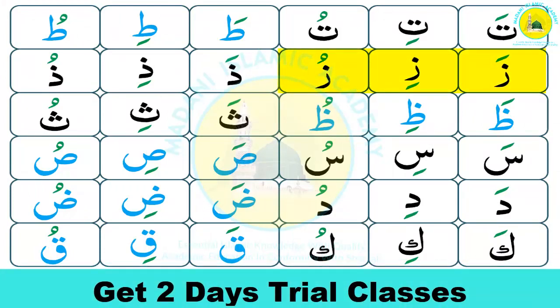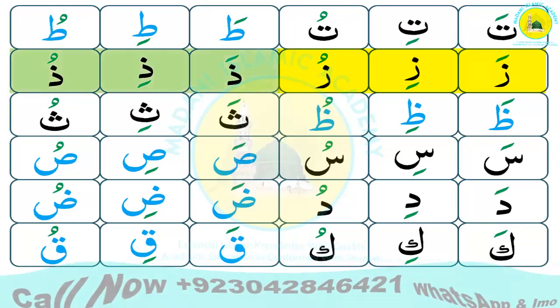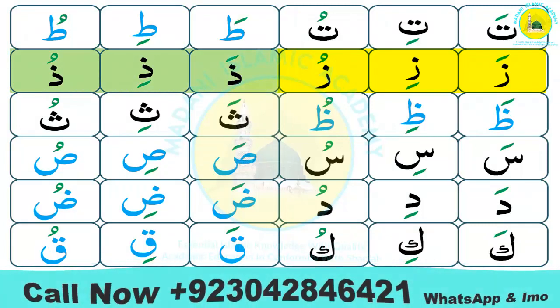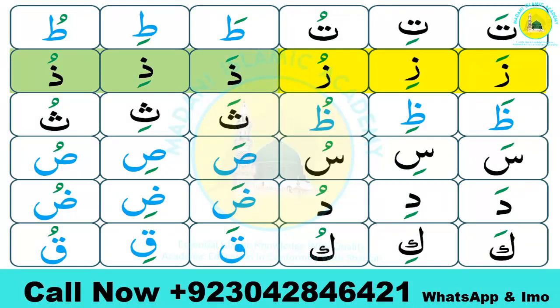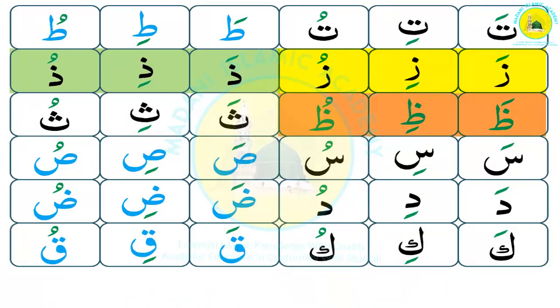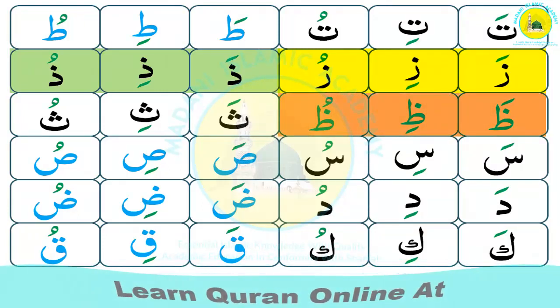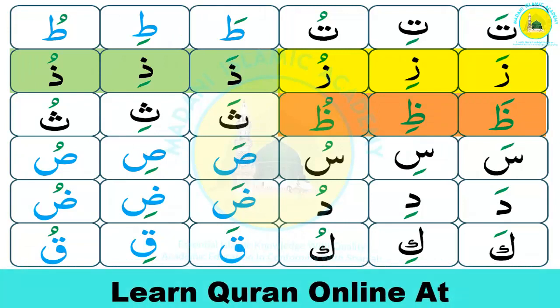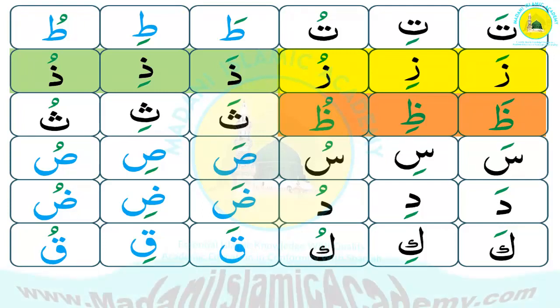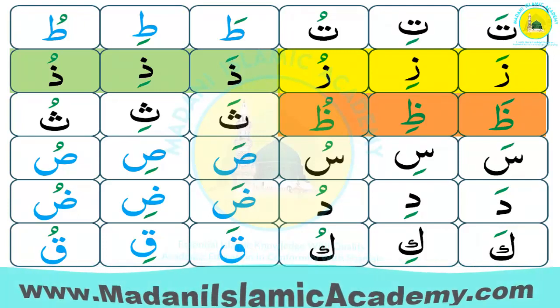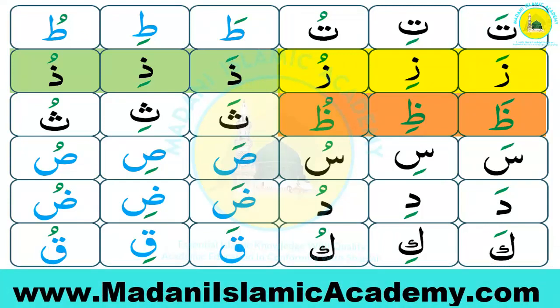Za, zi, zu, va, vi, zu, zo, zi, zu. Now, if you look at the first set of 3 letters that we read, za, now you can feel a bit of hardness, heaviness, za.